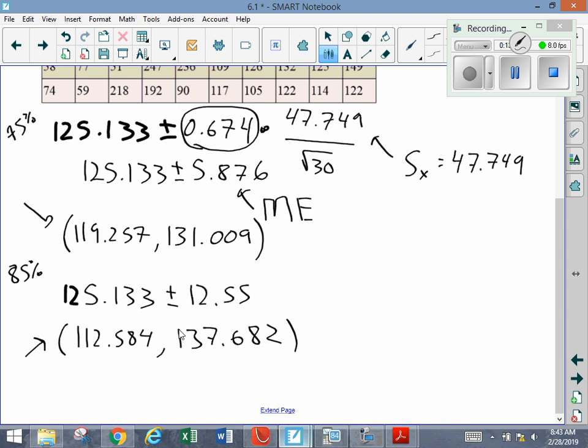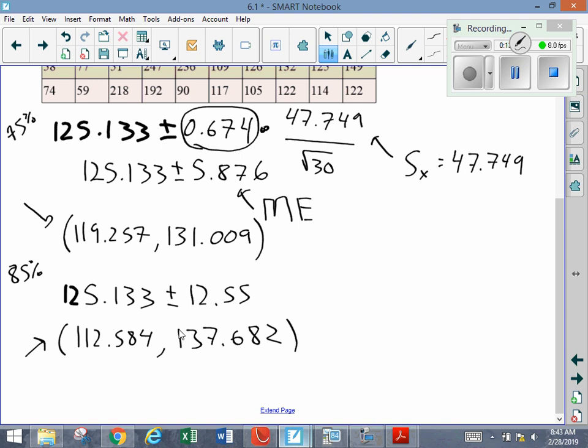And that makes sense, right? If you're going to be more confident that the mean is between two numbers, how would you make yourself more confident? Just make the interval wider. Sure, we're going to be more confident that the mean is in there because I have more of a margin of error. You know what I mean?